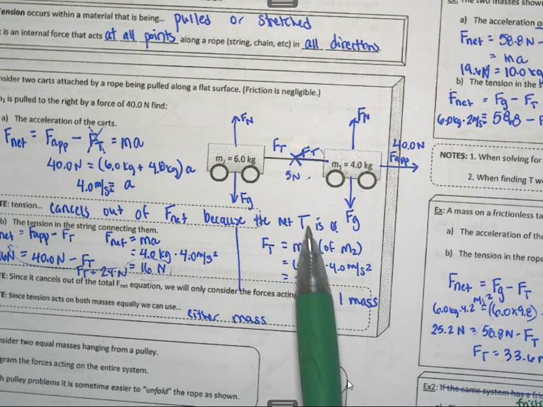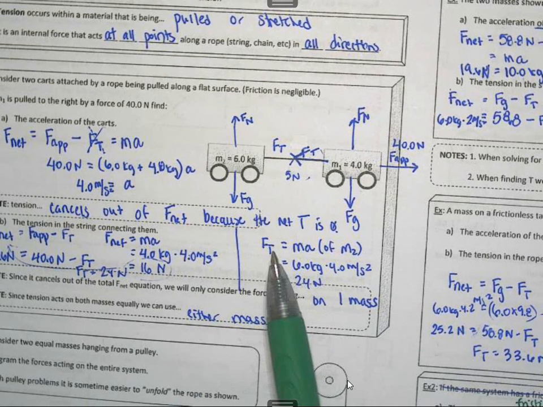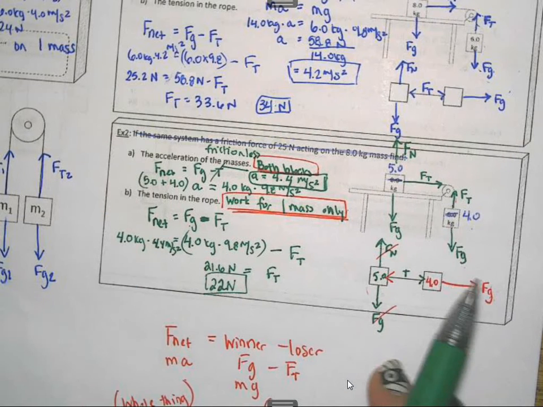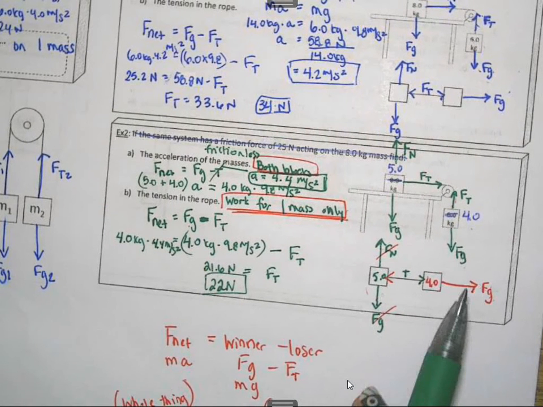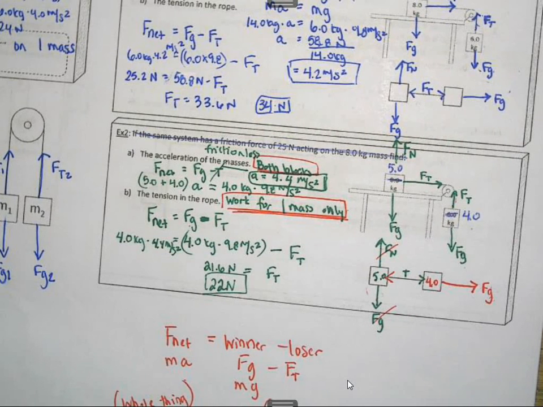Label my forces, stretch it out into a straight line if it's not already, and then find things for the whole if I'm doing the acceleration of the whole system, and then find it for one block only if I'm finding it for the tension that's in the rope. Because every single one of these is going to have a tension component to it.